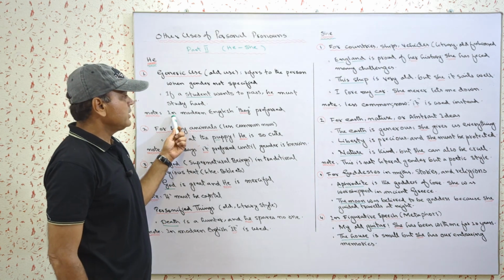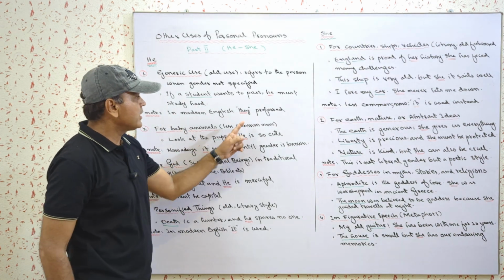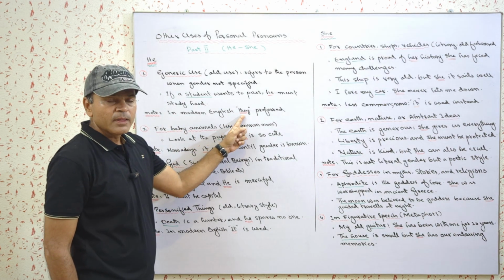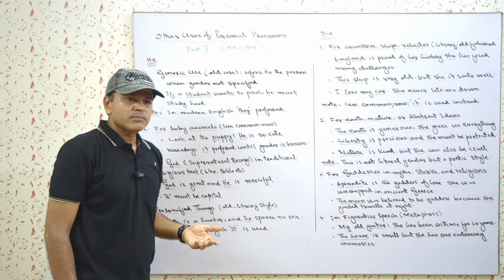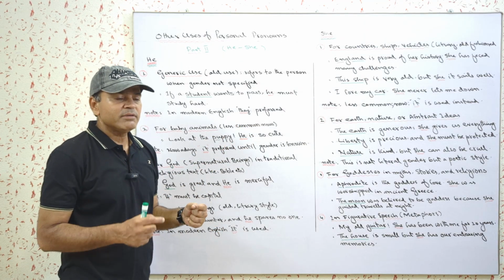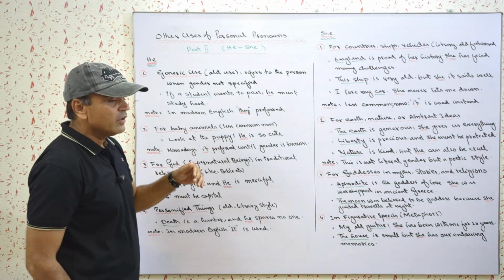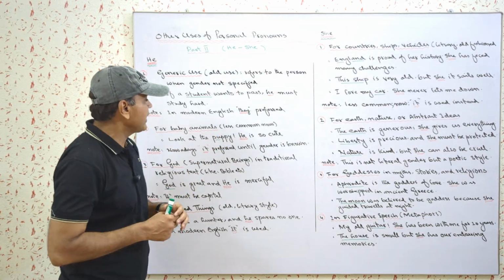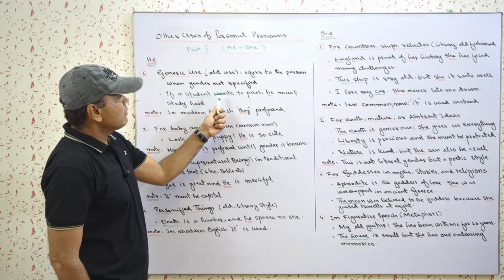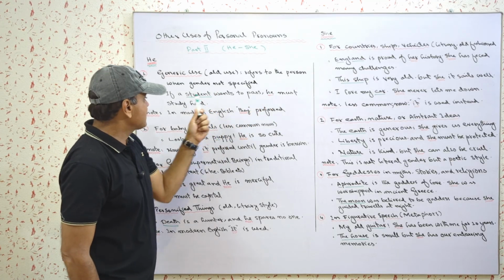So in modern English, the safe side is that you should use they. Though the word they is used for plural nouns, we can use they even when the gender is not clear. So the modern sentence would be: if a student wants to pass, they must study hard.